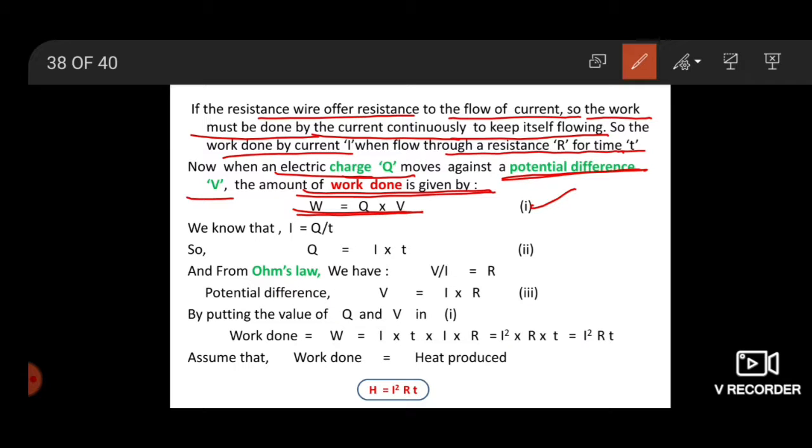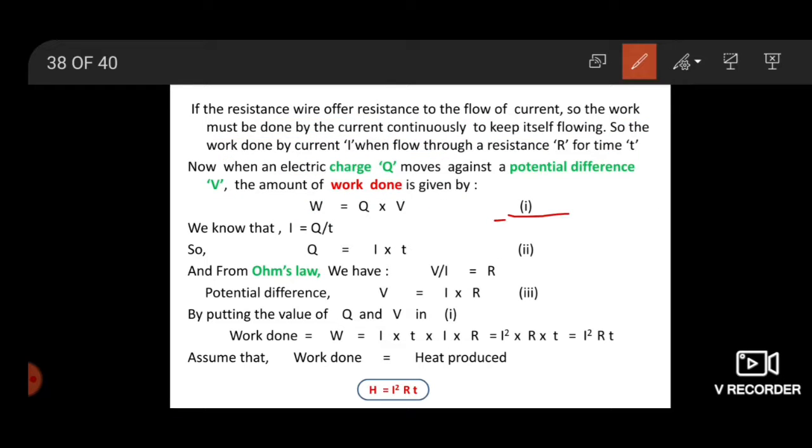We already discussed in the previous video that potential difference is equal to work done upon charge. So work done is equal to potential difference into charge. This is our first equation. Current is equal to charge per unit time, that is I equal to Q by t, so Q is equal to I t.